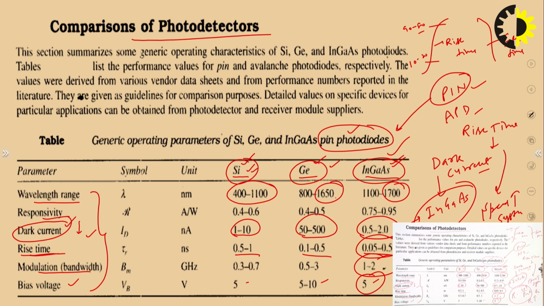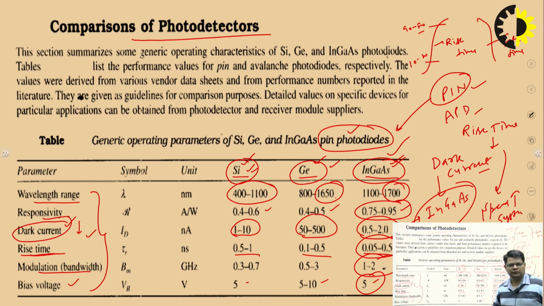So high responsivity is desired from a photodiode or photodetector. So responsivity, we can see that here it is 0.4 to 0.6, 0.4 to 0.5, and here it is 0.95. So we can see that here it is performing better.